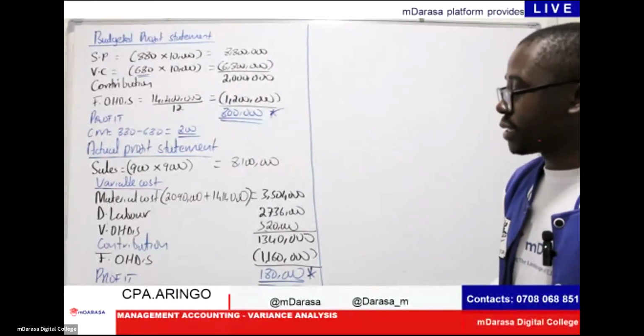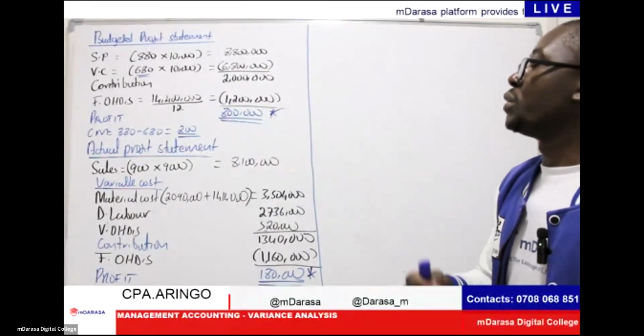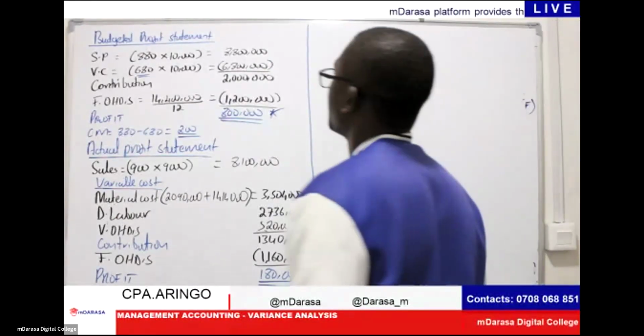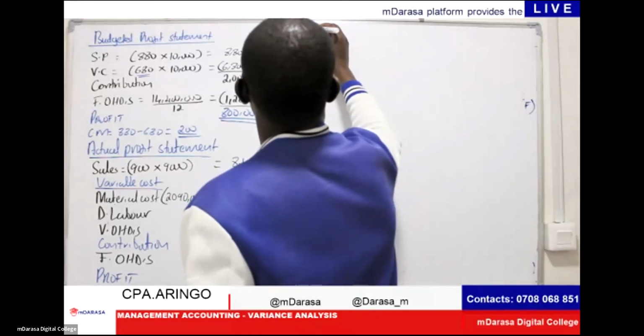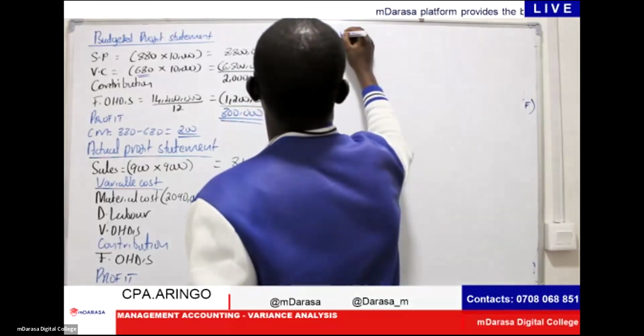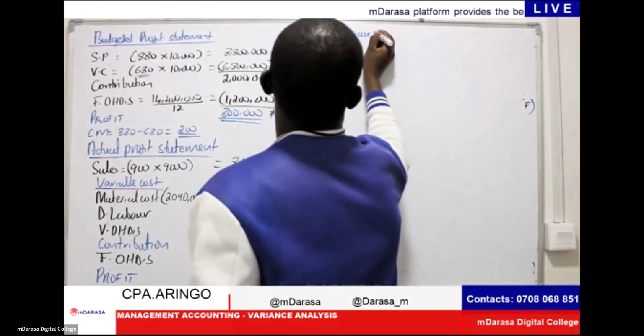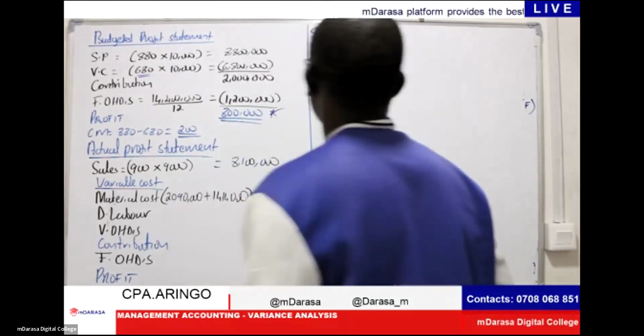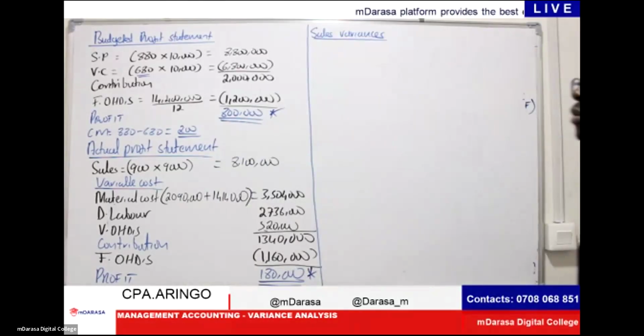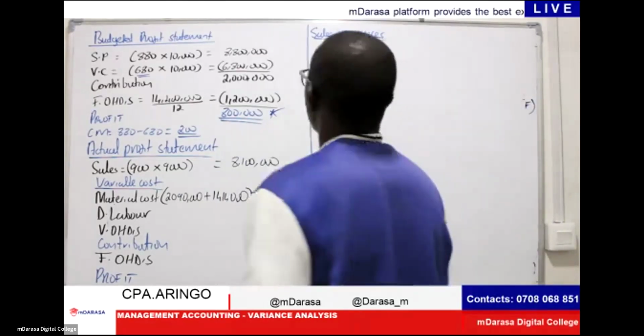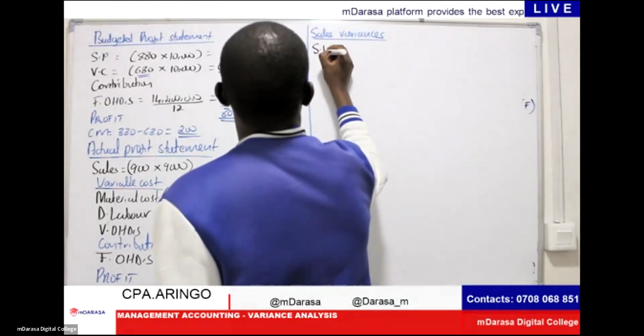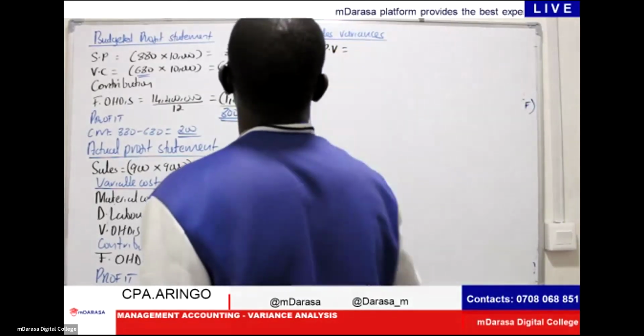So we need to start by considering our sales variances. Number one, we start by looking at our sales price variance.